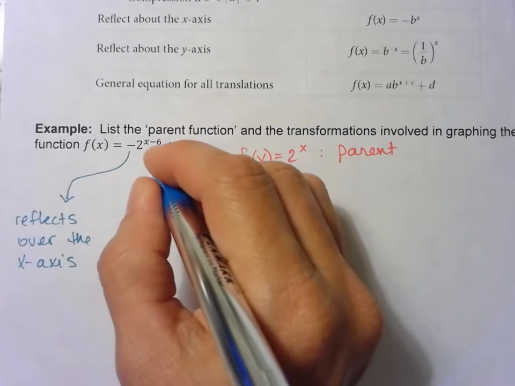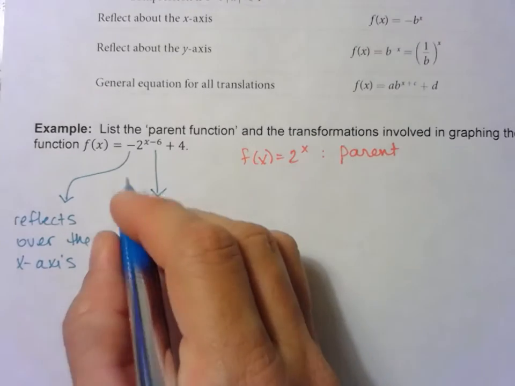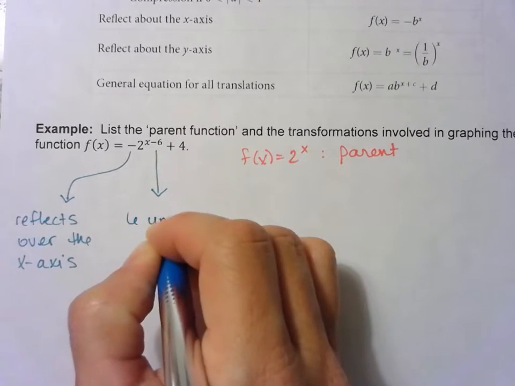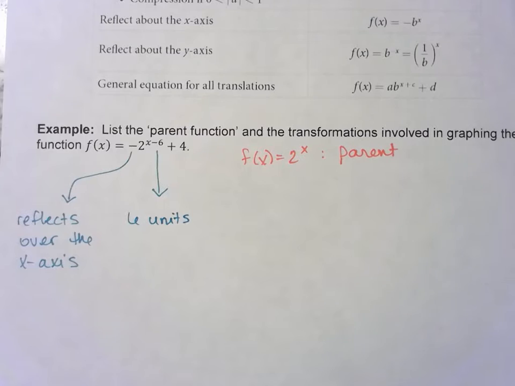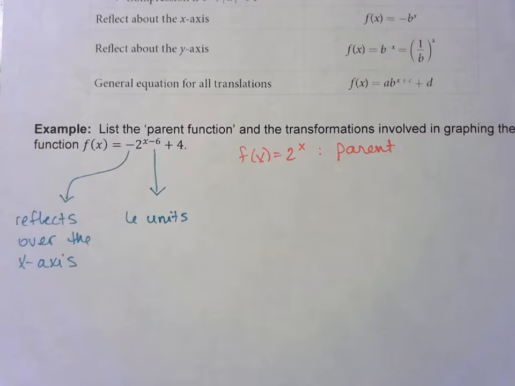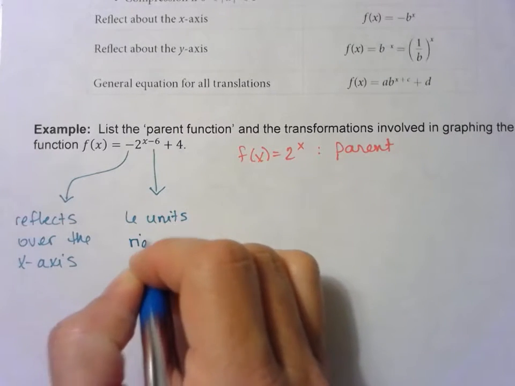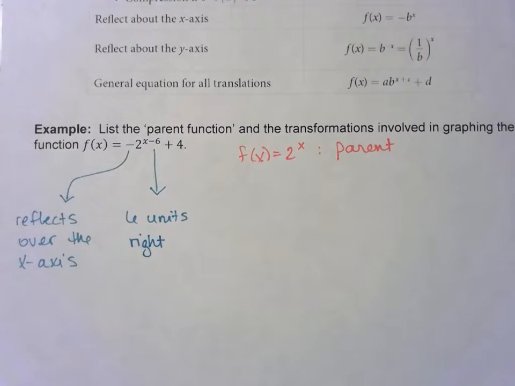Well, what is this -6 inside going to do? We're inside the function. That one's going to be a horizontal shift. So it's going to go 6 units. Which way? Inside the function, we go the opposite of what you think. So we're not going left, we're actually going to the right. That is our horizontal shift.